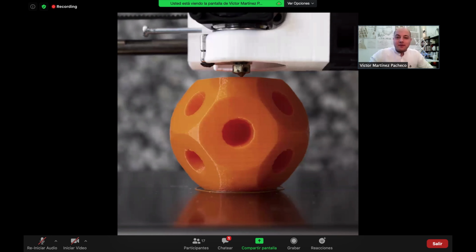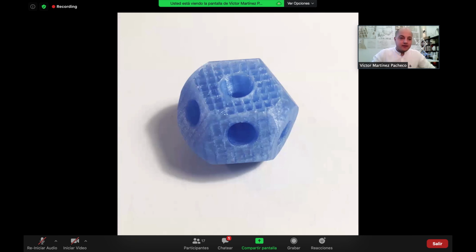And after some tests, we understood that we had to change the technology and the technique. 3D printing is the only manufacturing system that allows the production of parts whose filling is neither solid nor hollow. We can customize the interior, its density, but we can also customize the internal geometry with which we are going to fill the part.